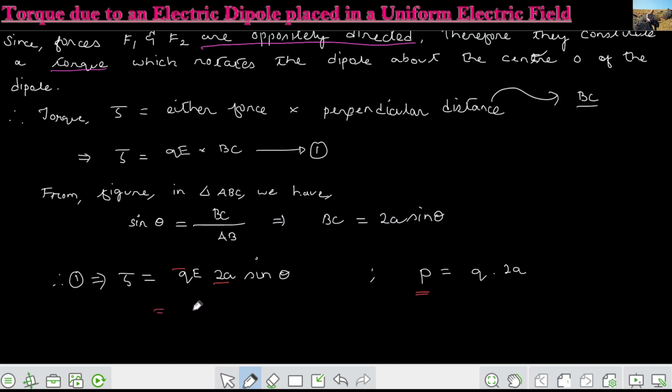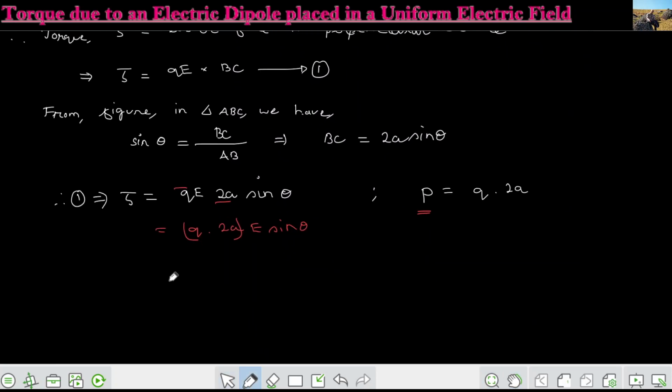So we can rewrite this equation: q times 2a times E sine theta, which equals pE sine theta. This is the value of your tau. Tau equals pE sine theta. This is what is known as the scalar form of tau.